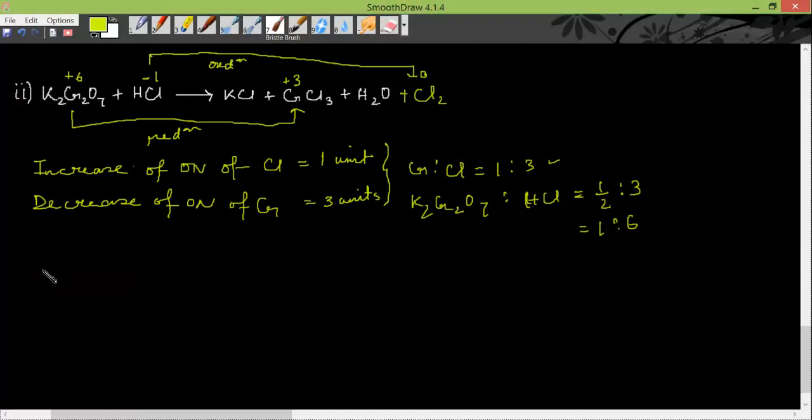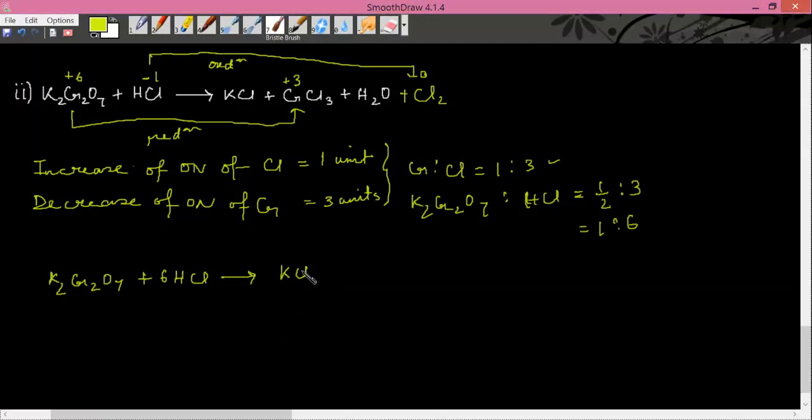Then try to write the balanced reaction. So 1 chromium and 3 HCl. Okay, so K2Cr2O7 plus 6 HCl. This gives KCl. There is no change in the oxidation number, so we need not write it first.